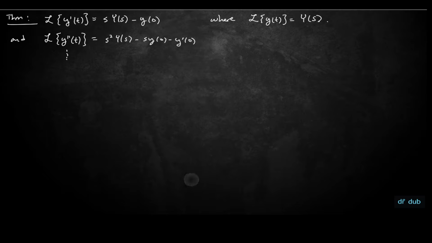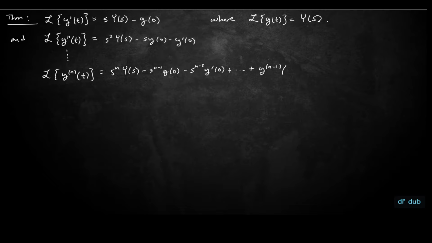And you could continue the induction. You could say Laplace of the nth derivative of y of t would be equal to s to the n Y of s minus s to the n minus 1 y of 0, minus s to the n minus 2 y prime of 0, minus, and so on, up to minus the n minus first derivative of y at 0.